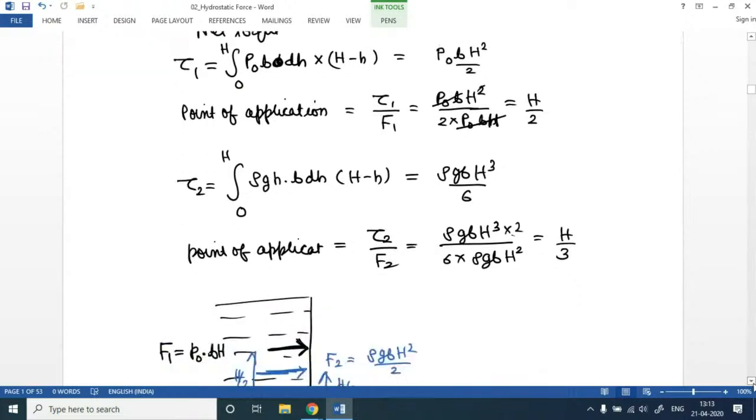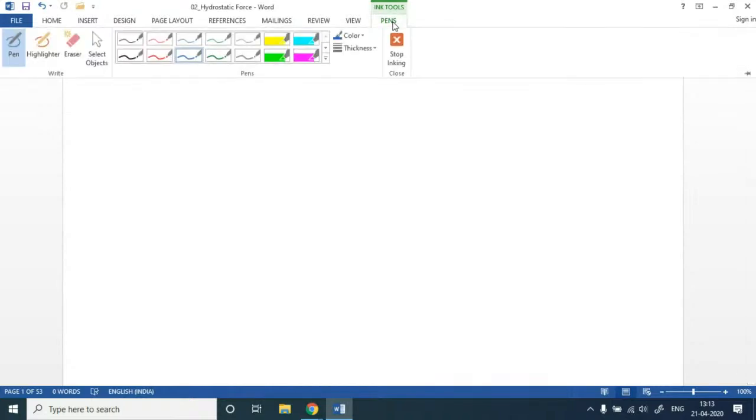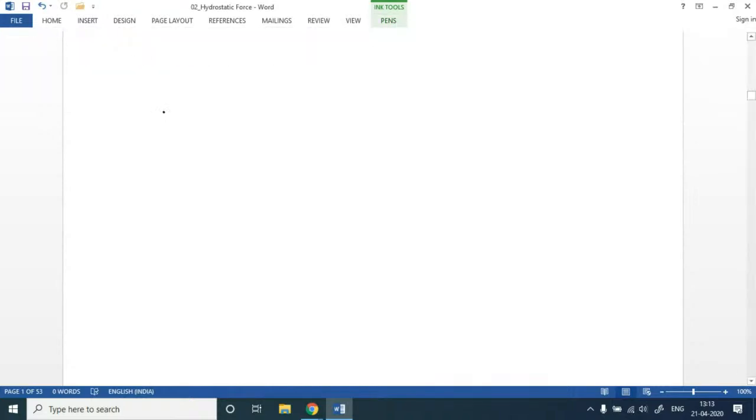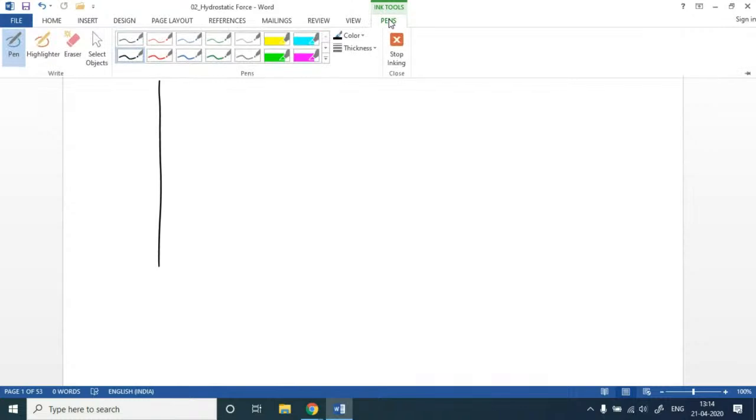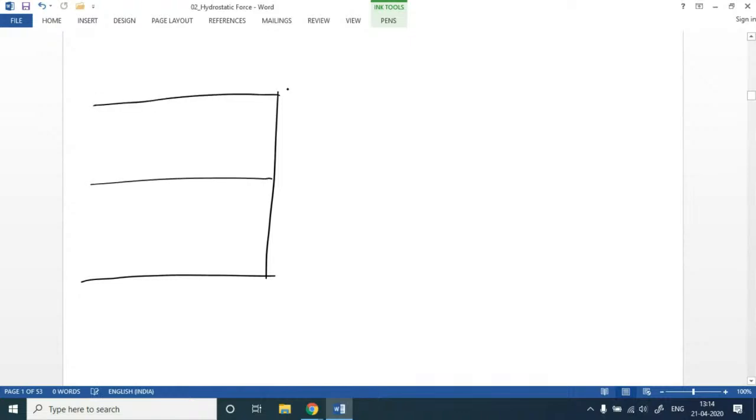So let's try to discuss one problem. Okay, so say, take it here, this is wall of some dam, and two different liquids, let's say one liquid is here and another liquid is here, or rather take different heights.